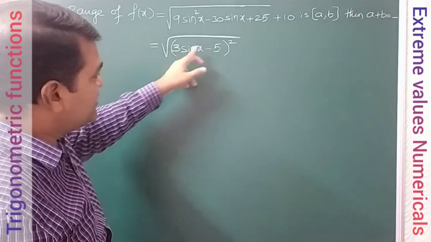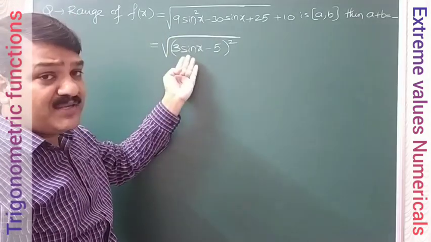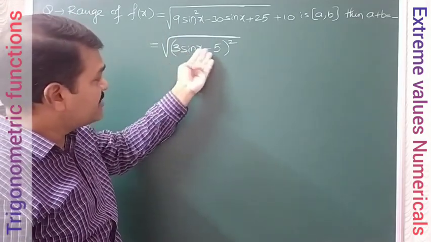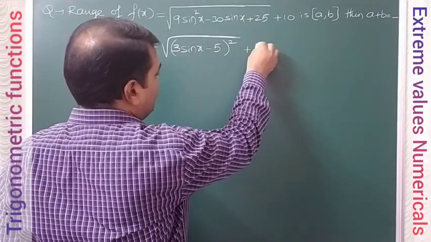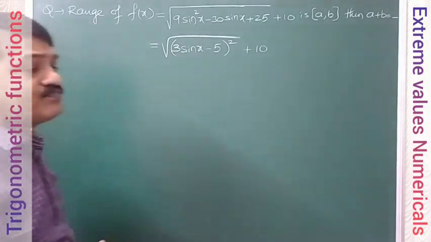You can expand using the a minus b whole square formula. You directly get this. So the given f of x is actually like this.